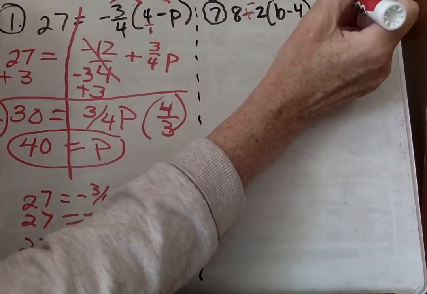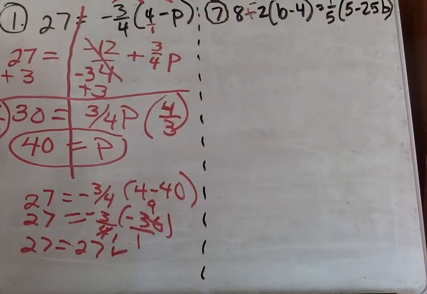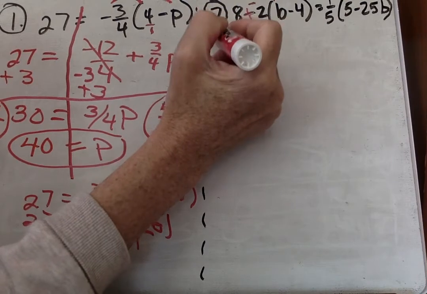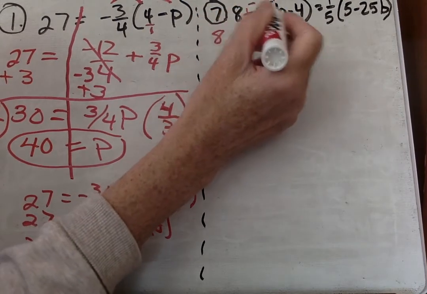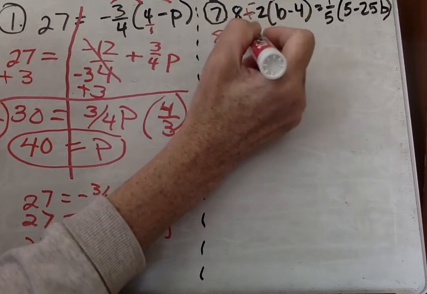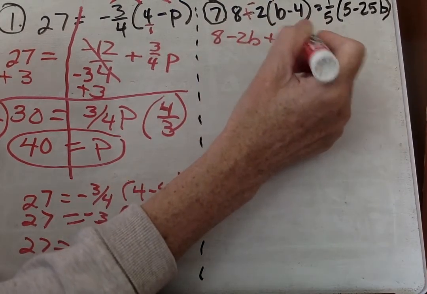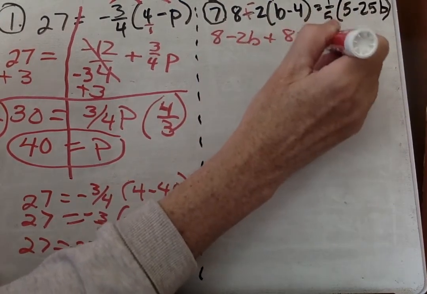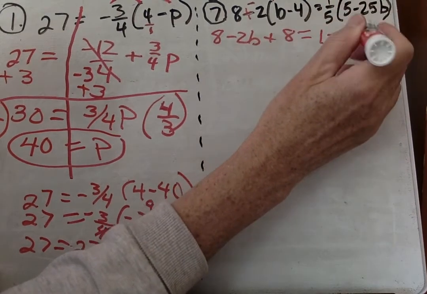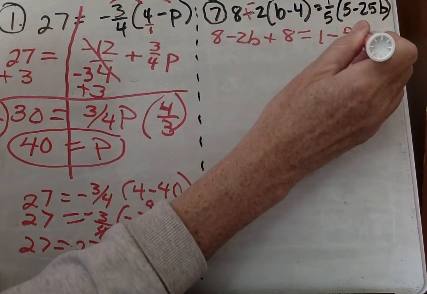And I'm also going to distribute the 1/5 through the parentheses as I do this problem as well. So I go 8, negative 2 times b is negative 2b, negative 2 times 4 is 8, 1/5 times 5 is 1, minus 1/5 of 25 is 5b.